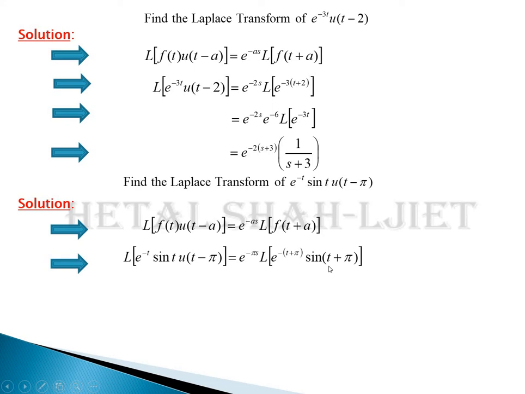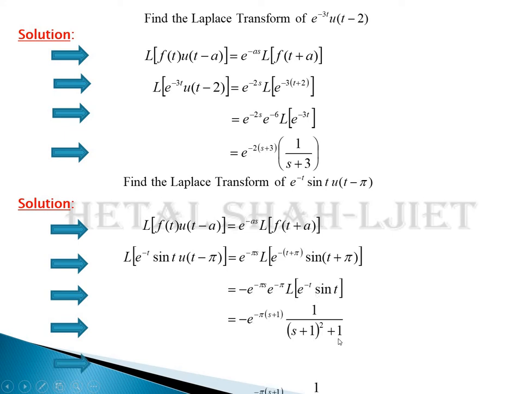So e raised to minus pi s, e raised to minus pi, and here the remaining term is e raised to minus t into sine (t plus pi), which is minus sine t. So the Laplace of sine t is 1 upon s square plus 1, but by using the first shifting formula, that is 1 upon (s plus 1) the whole square plus 1. This is our final answer by simplifying.